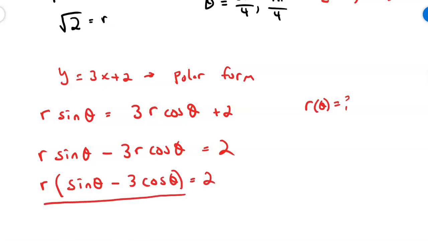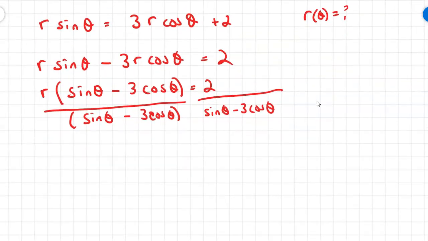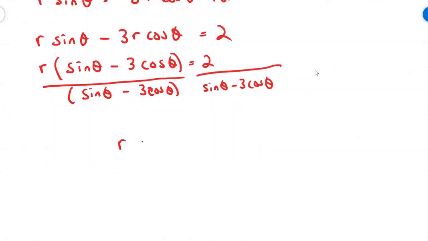And now divide both sides by sine theta minus 3 cosine theta. And what you end up with is r equals 2 over sine theta minus 3 cosine theta.